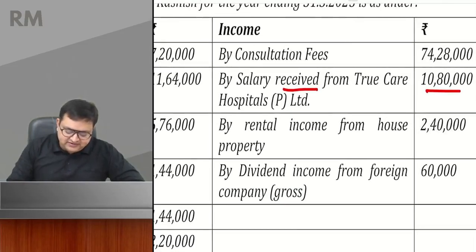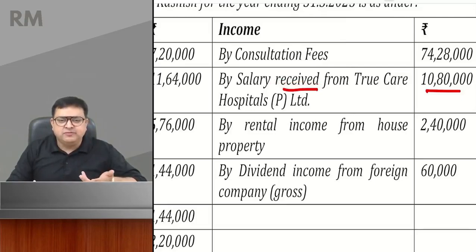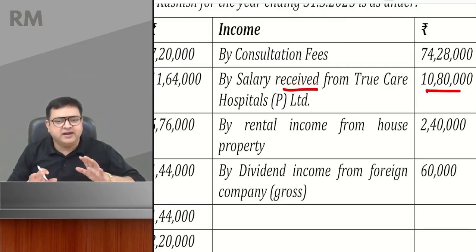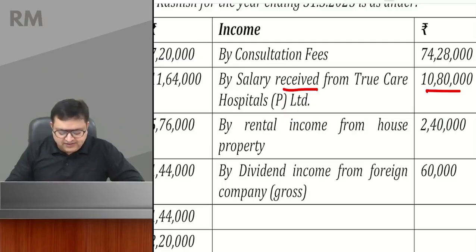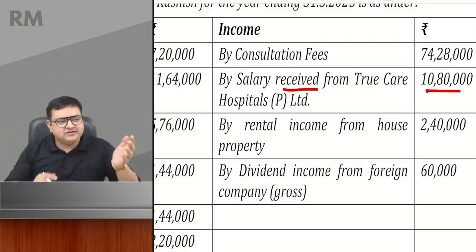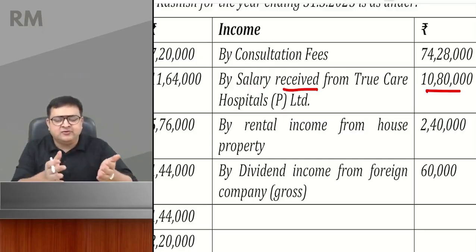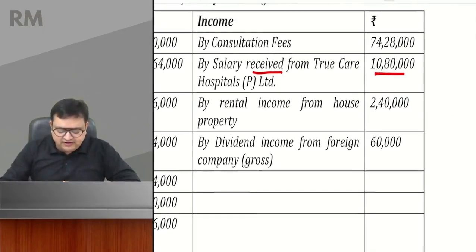Because it is written salary. If it would have been written salary income, then we should make an assumption that it is a computed salary, and the deduction has already been allowed. But now it is given as salary received. So it means that this is the basic salary or other allowances that we have received. So it's a gross salary, correct? So we have to give a standard deduction.